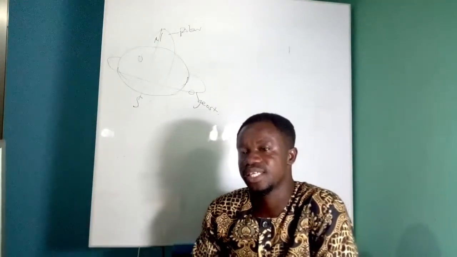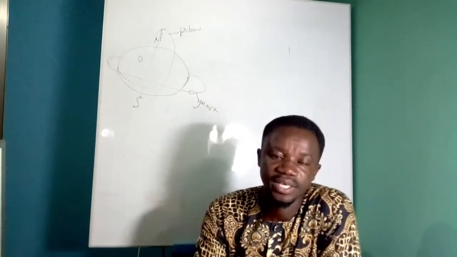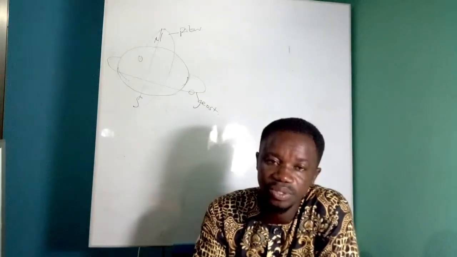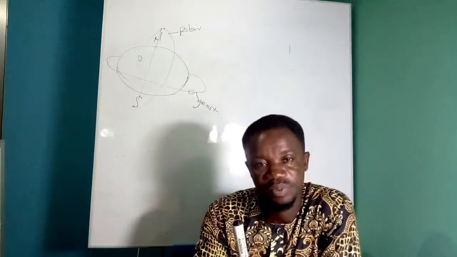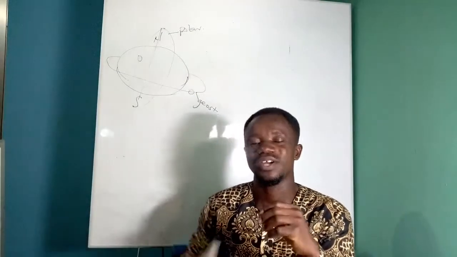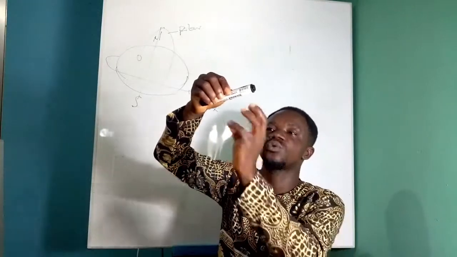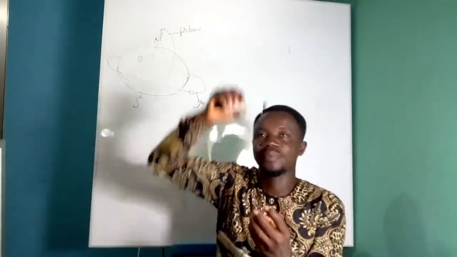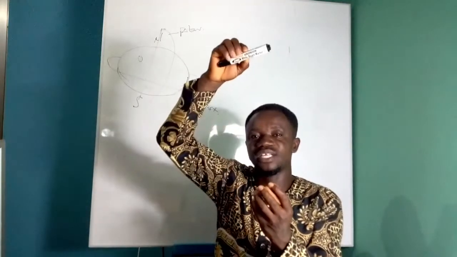It is the initial velocity required for a satellite to just escape the Earth's gravitational field so that it does not come back. Let me explain this. If an object is within the Earth's gravitational field, then the Earth's gravitational force will pull it onto the surface of the Earth. We want this satellite to go up into space so that it goes beyond the Earth's gravitational field.